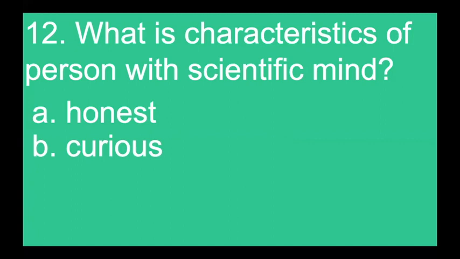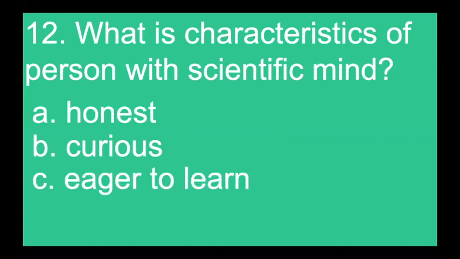B. Curious. C. Eager to learn. D. Lazy. What do you think? What are the characteristics of a person with a scientific mind? A. Honest. B. Curious. C. Eager to learn. D. Lazy.